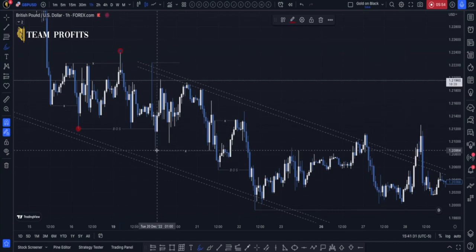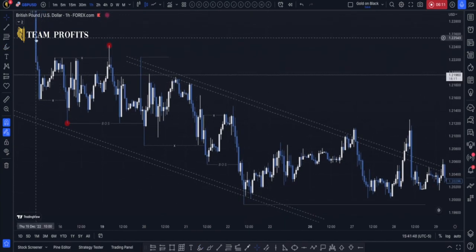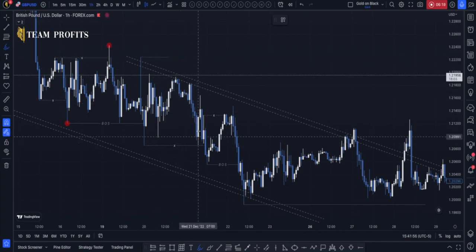Now, after that drop right there, price tried to push up, start inducing. I'm sorry, it starts moving sideways and it breaks to the downside. So after that break to the downside right here, you see that after this low pushing up, the market is not inducing anything. It breaks to the downside right there.